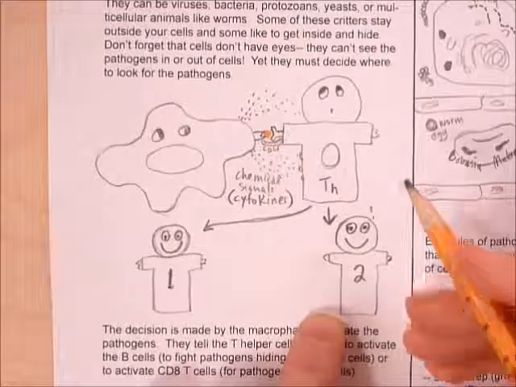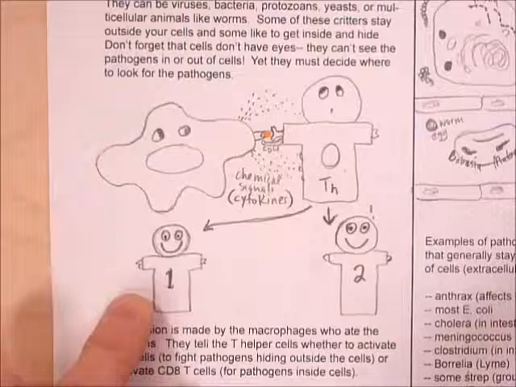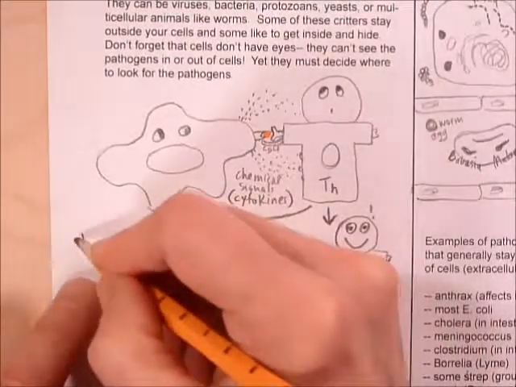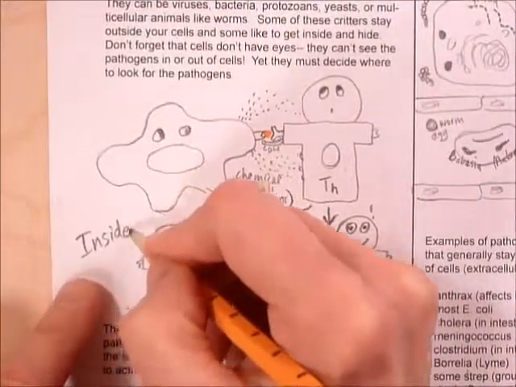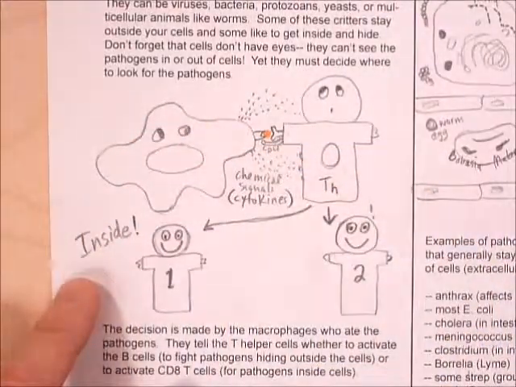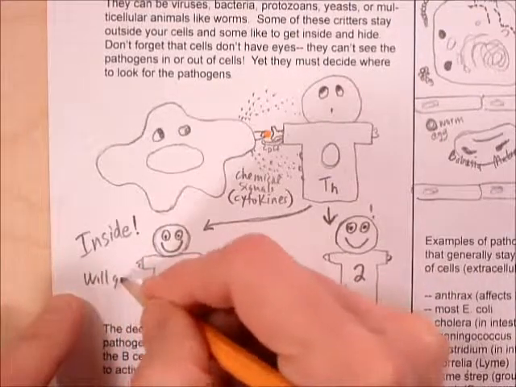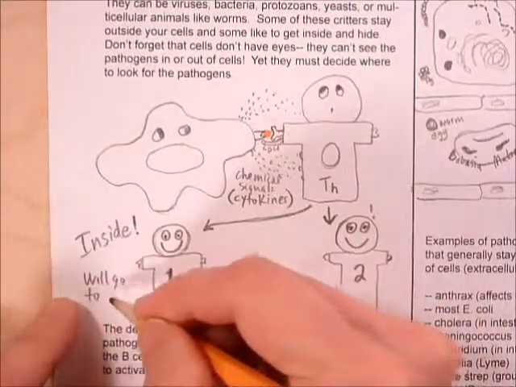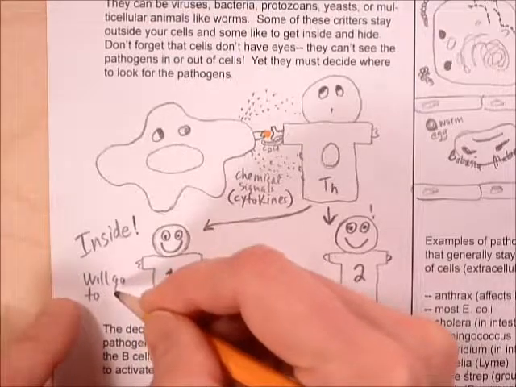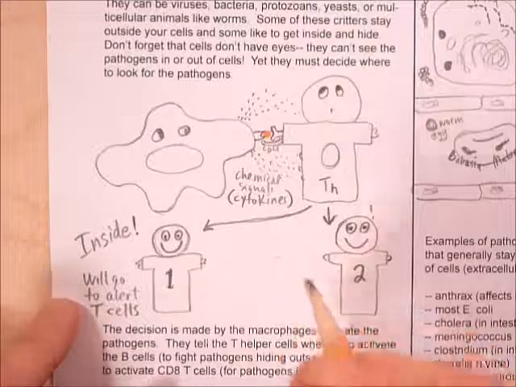So the macrophage will tell him what to turn into. If he turns into number 1, he's going to go look inside the cells. Go look inside. And he will go alert other T cells.